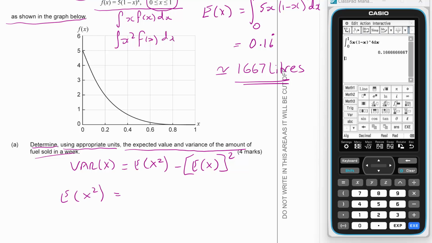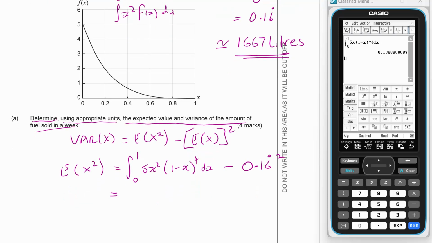So we're going to have the integral from 0 to 1 of 5x squared (1 - x)^4 dx, take away the last answer squared, and we can calculate that.